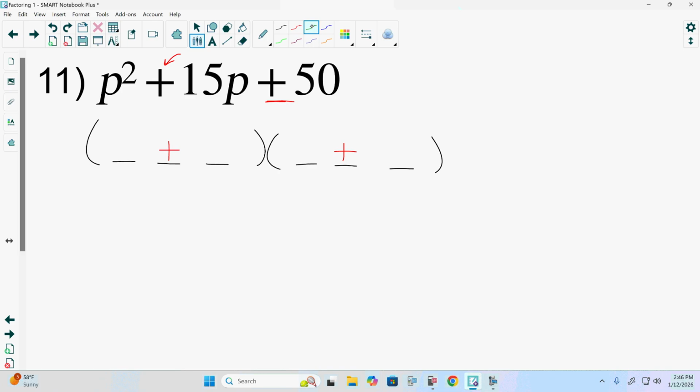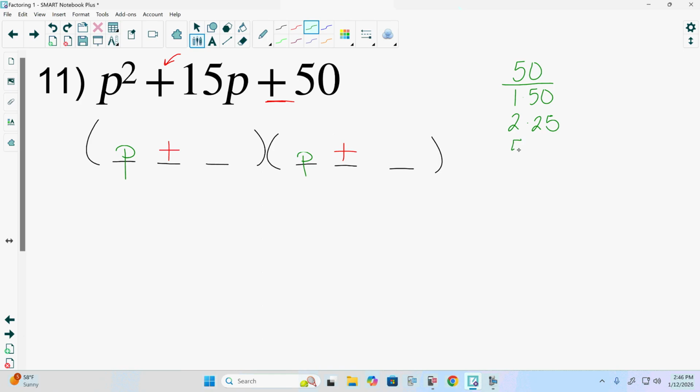Factors of p squared are p and p. Now our factors of 50. Well, 1 and 50, 2 and 25. Is 3 a factor? No. How about 4?